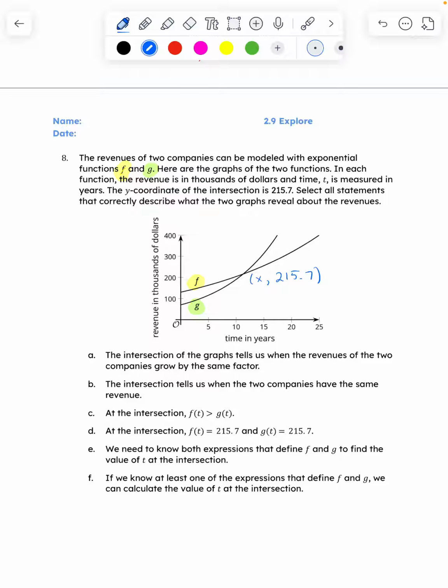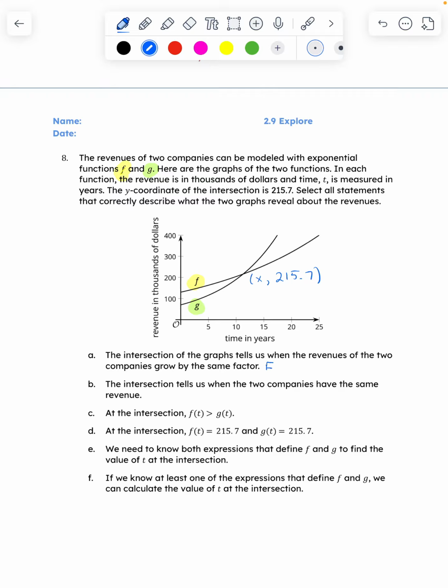Okay, so keywords that I want to pull out of this first part. This tells us the revenues. The intersection of the graph tells us when the revenues of the 2 companies grow by the same factor. I'm going to give that a false, and here is why.